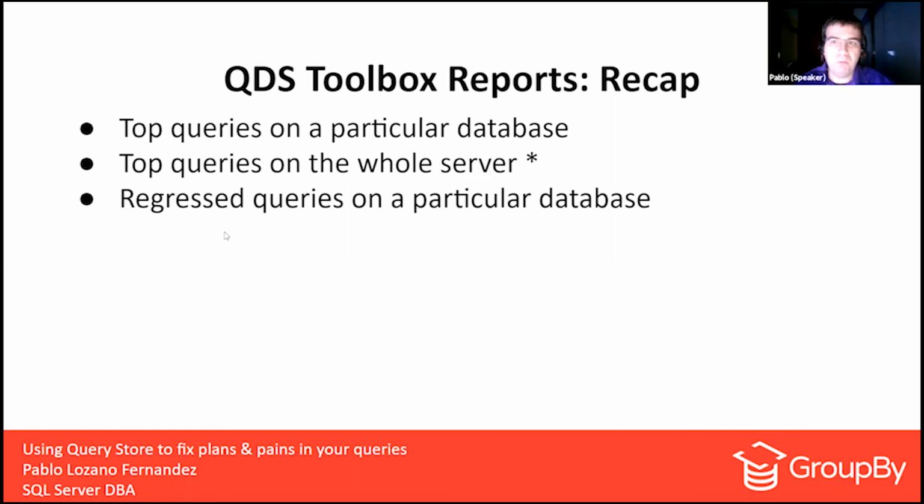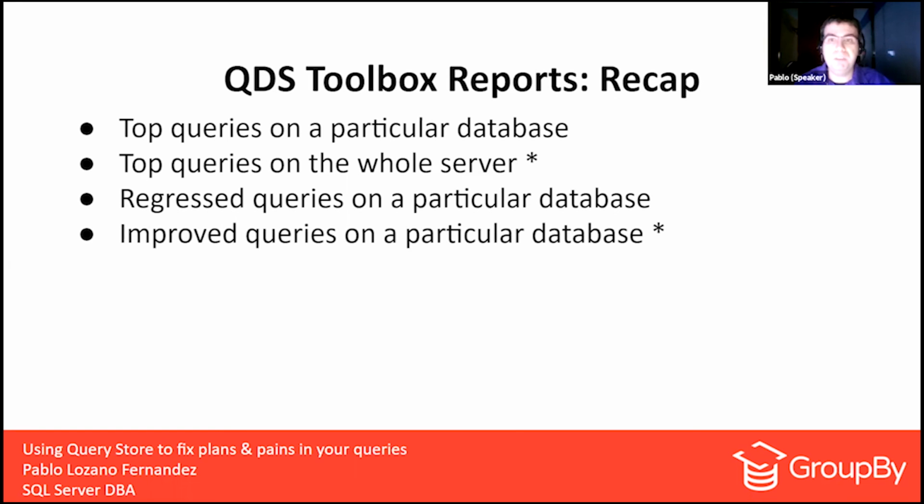Regressed queries on a particular database, or on many other databases. Query improvements, which was not included in the SQL Store reports. And the analysis of the query waits, which I didn't really like the way that Management Studio generated the report, so that's why I generated a similar one.